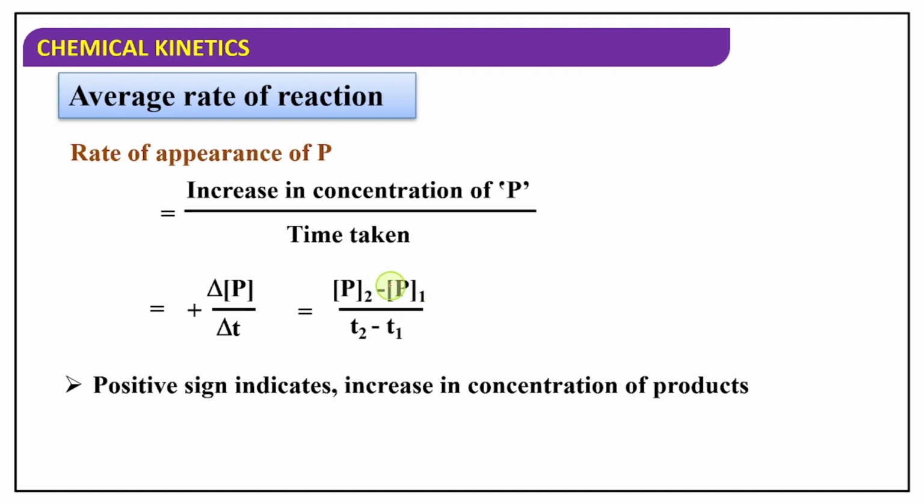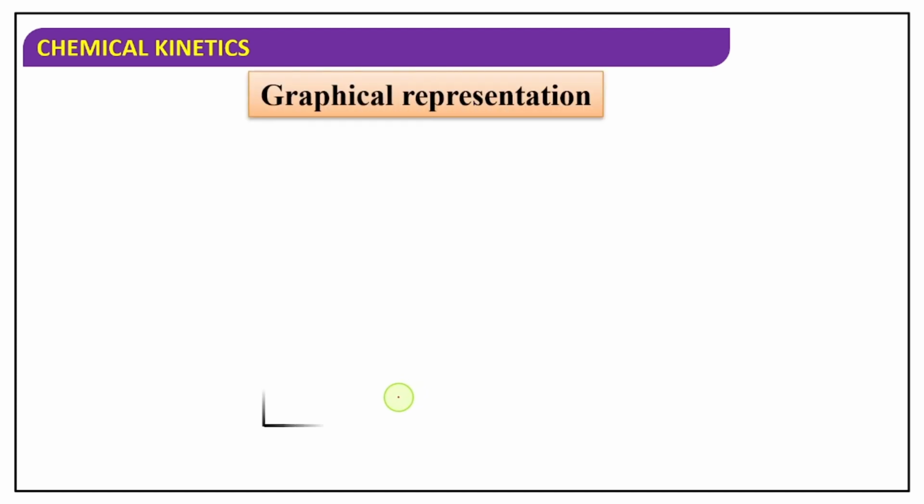Now if I find the difference in concentration of the product and the time taken, I will get the speed or rate of appearance of P. Here we have this positive sign, so that indicates what happened to the concentration of P. P keeps on increasing. So the plus sign indicates increase in concentration of the product.